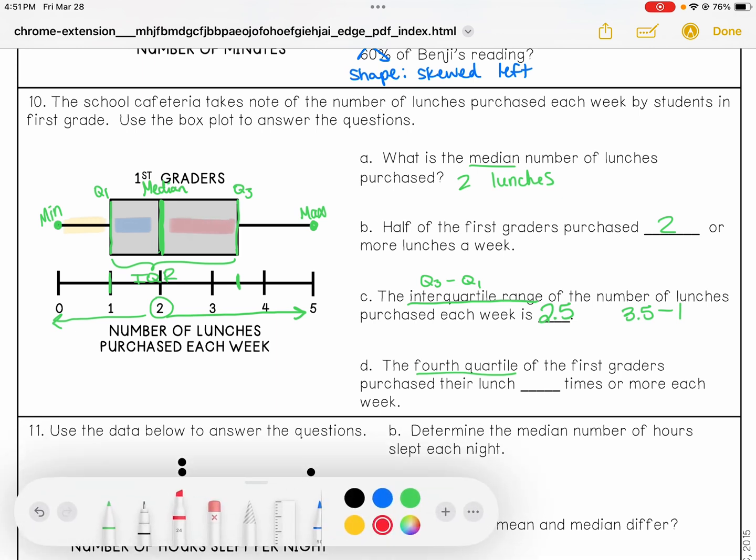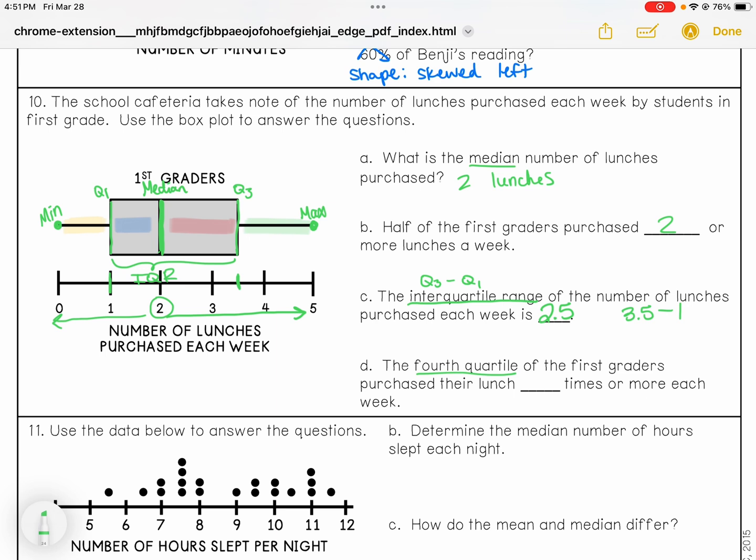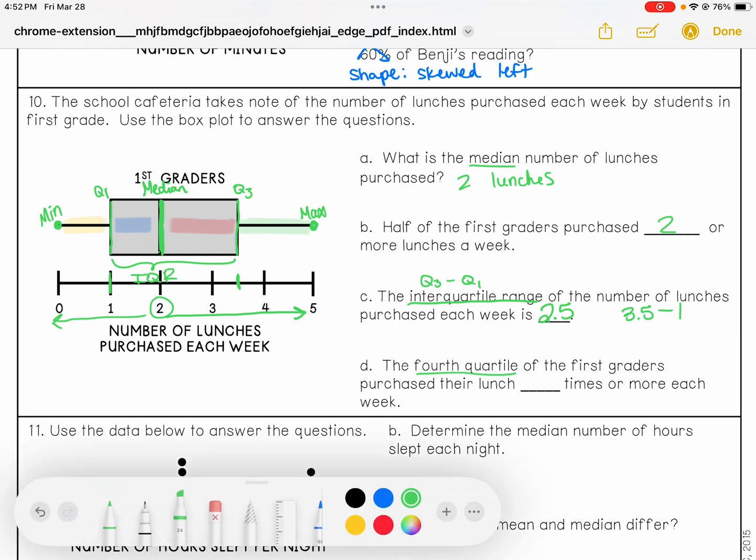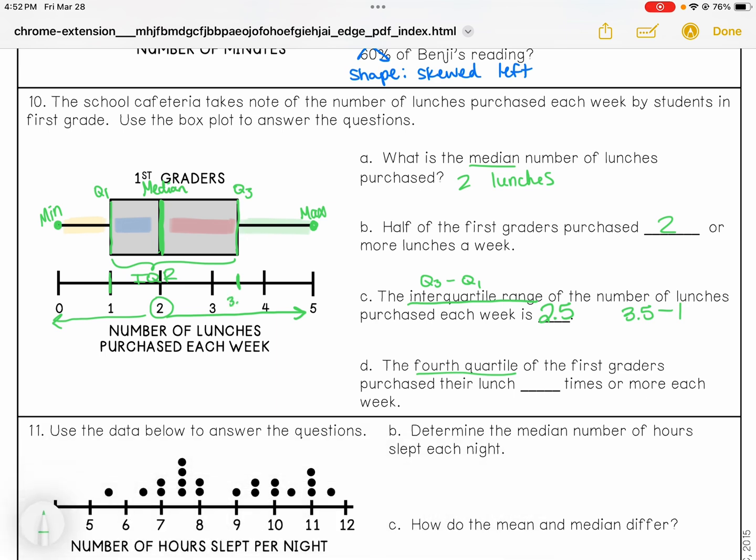And then finally, over here, this is the fourth quartile. So it starts at 3.5 and increases all the way up to 5 lunches. So the fourth quartile of the first graders purchased their lunch 3.5 times or more each week.